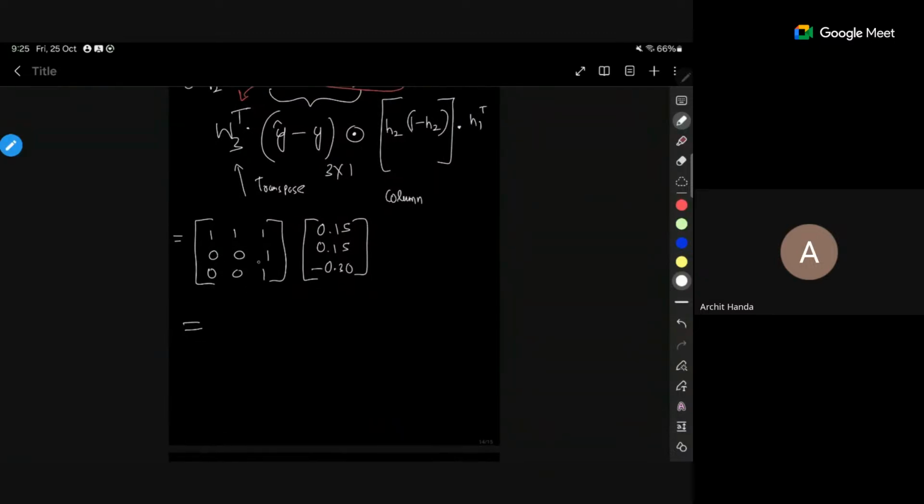So what is this? 0 will come first. Then 0.1, then minus 0.3, then minus 0.3.